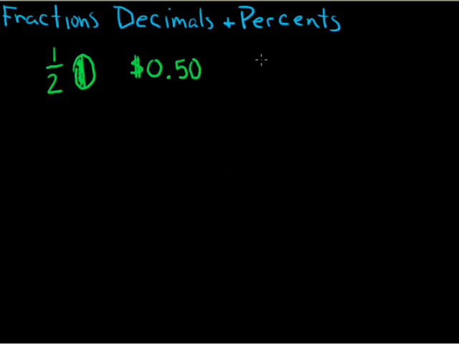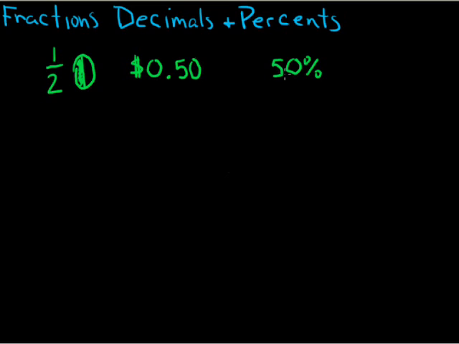And then let's look at how the same thing could be represented as a percent. Now, if you have half of a dollar, that's 50 cents. That is also 50% of a dollar. And let's look at how these could be the same or different.